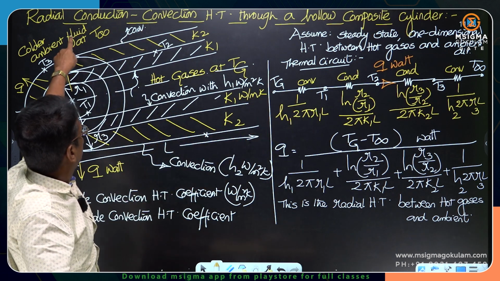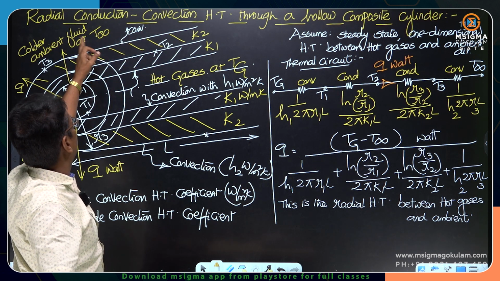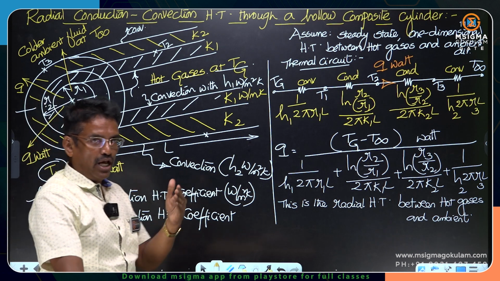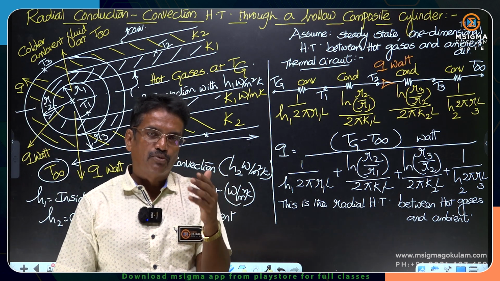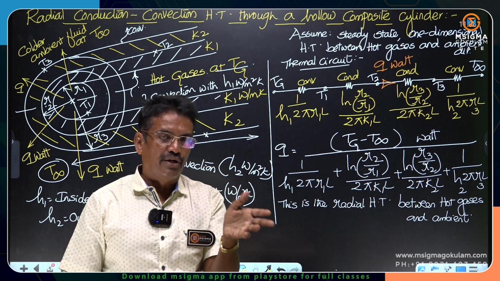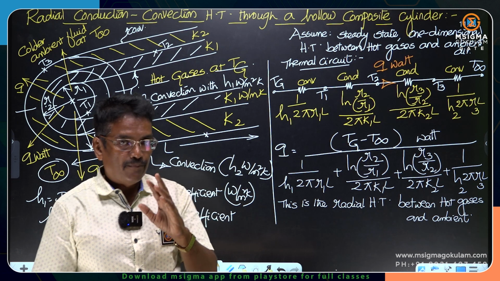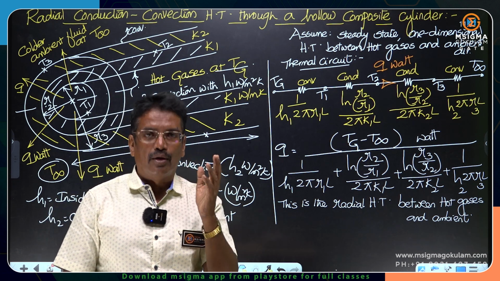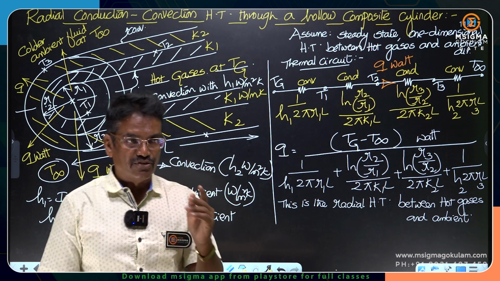Supposing outside the fluid is atmospheric air, with air the h values associated with outside convection will be lesser. I have given the approximate ranges of h also. The h values observed with gases will be quite lesser as compared to the h values observed with liquids. So you can have an approximate, relative idea about which resistance will be more and which will be lesser.